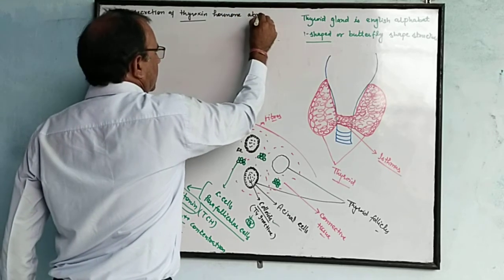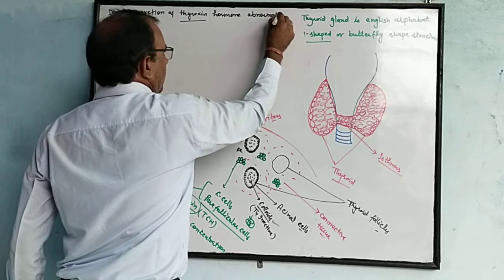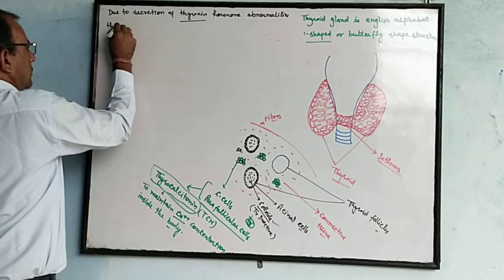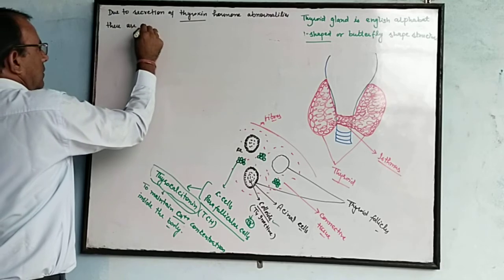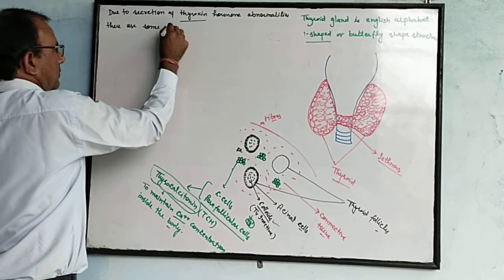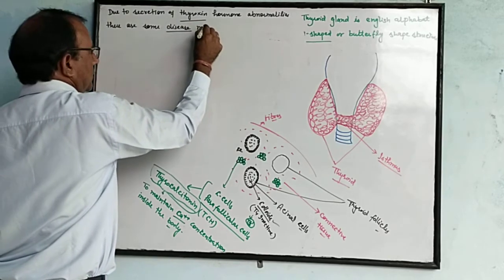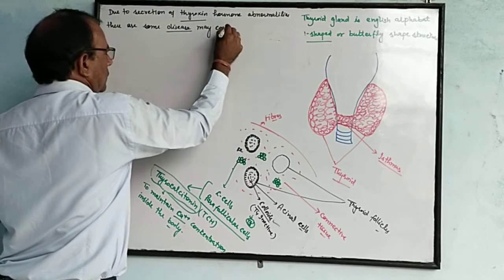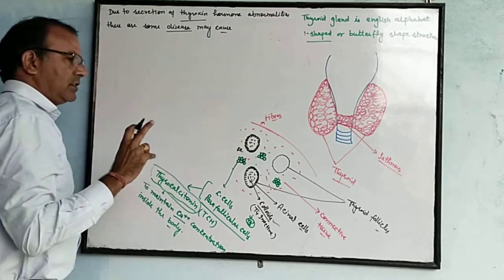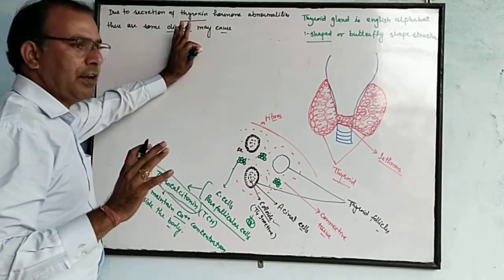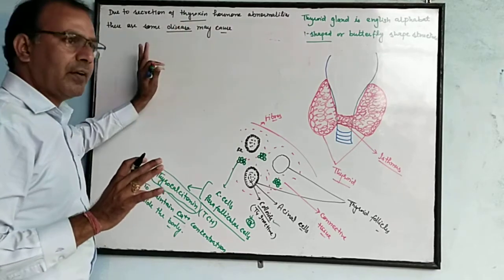Abnormalities. There are some diseases that may be caused. The thyroid gland secretes thyroxine hormone only when the required amount of iodine is provided to it.